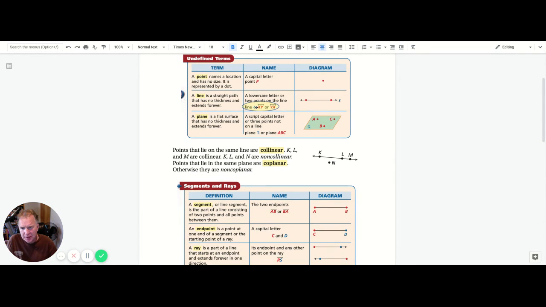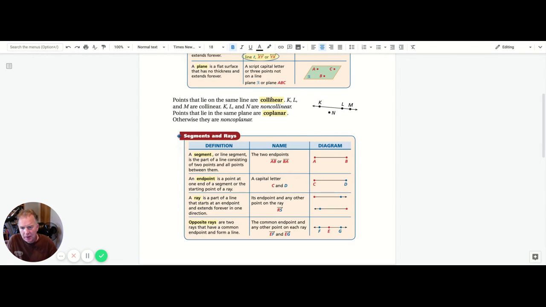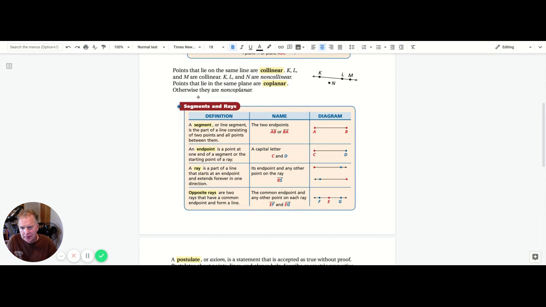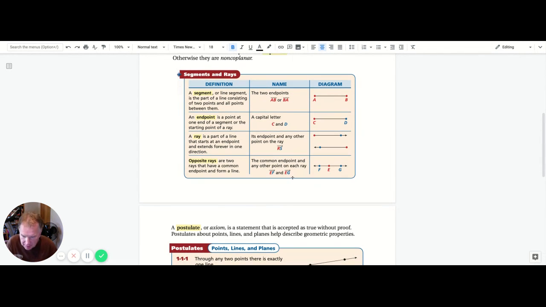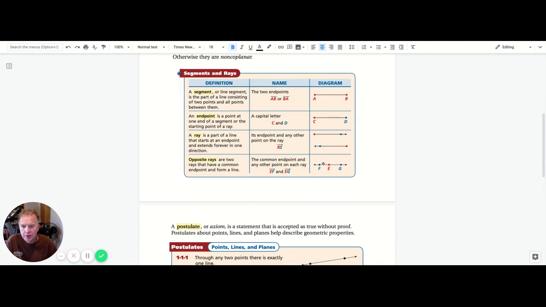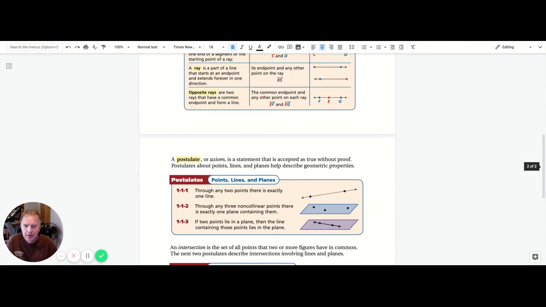You have arrows on the lines because they're infinite. Usually for a plane, we use 3 letters to name it. Make sure you go over the vocabulary, collinear and coplanar, and the idea of non-collinear and non-coplanar, meaning not on the same line or not in the same plane. Make sure you're paying close attention to how you write things down, because when you go through the assignment, you've got to get it written down correctly or what you're saying is meaningless.